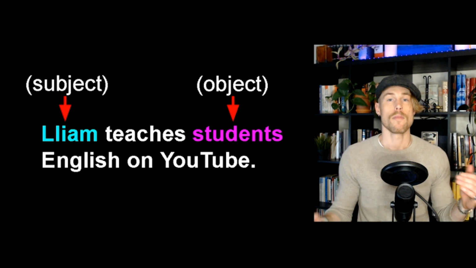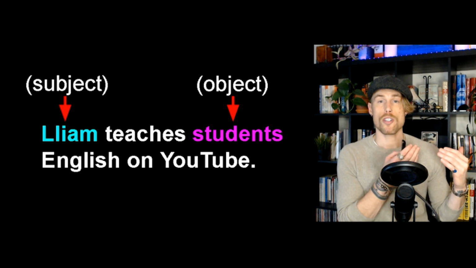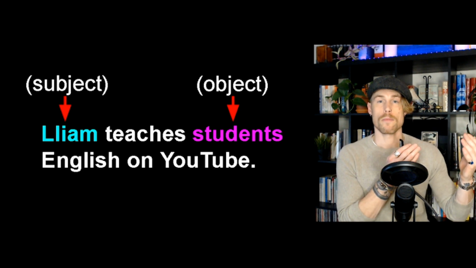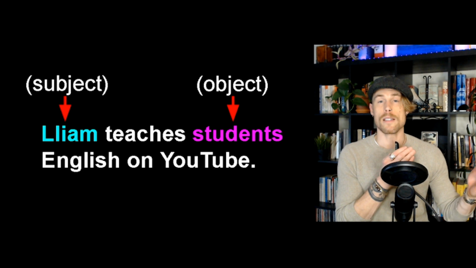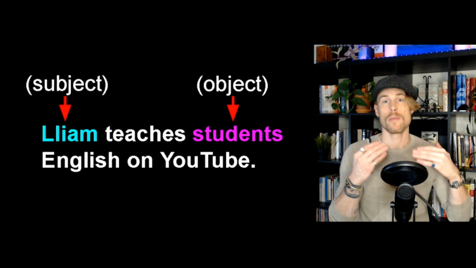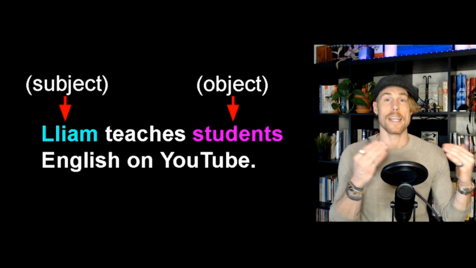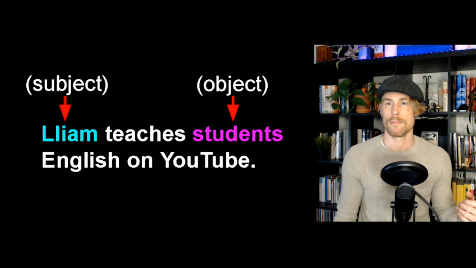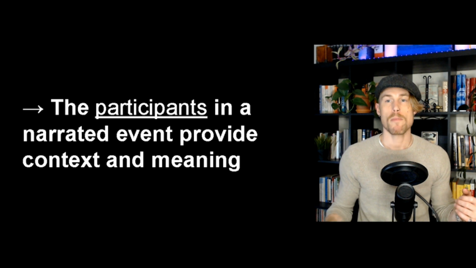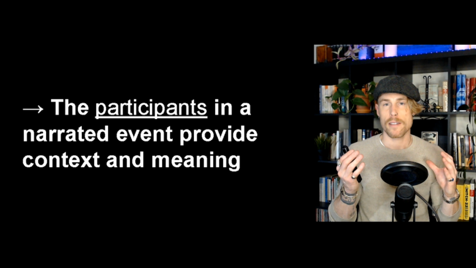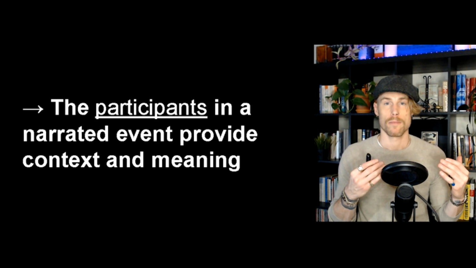Subject, object. Who does Liam teach? Students. Who is taught English? Students. Who teaches? Liam. The participants in a narrated event provide context and meaning.